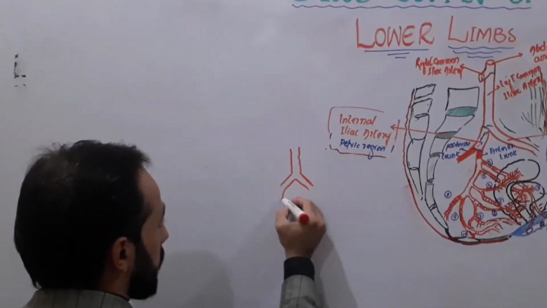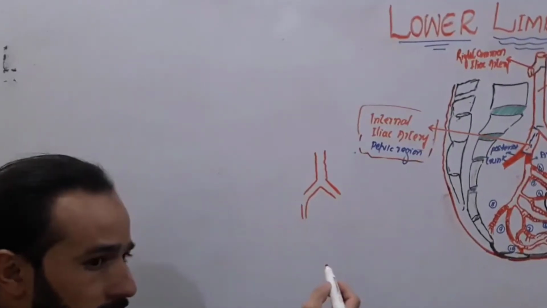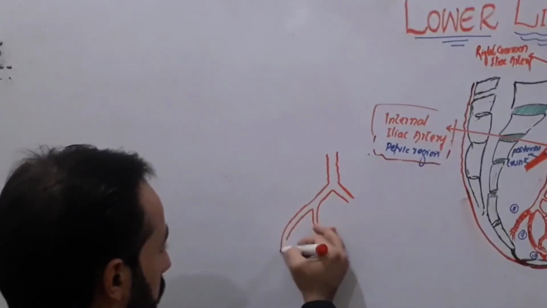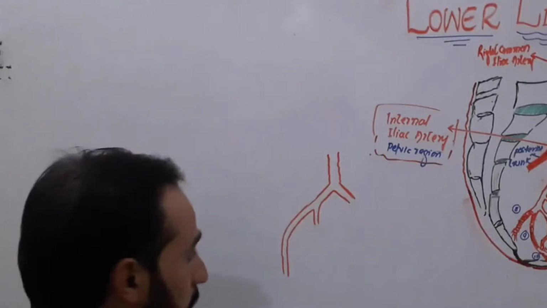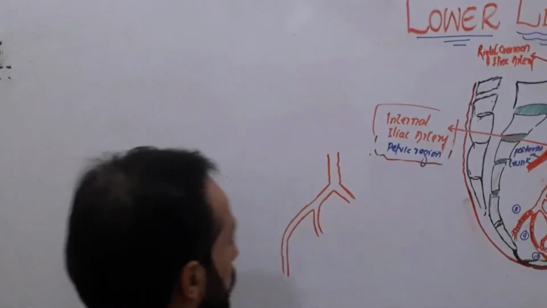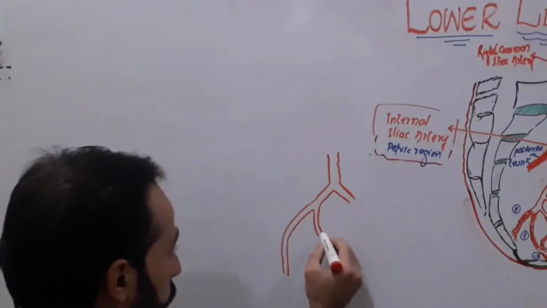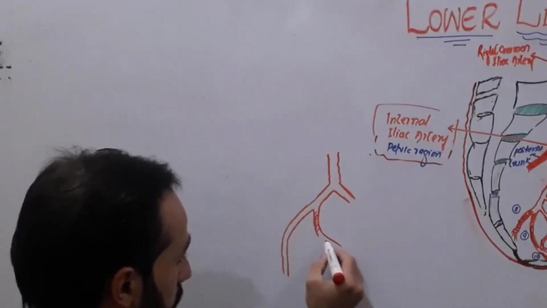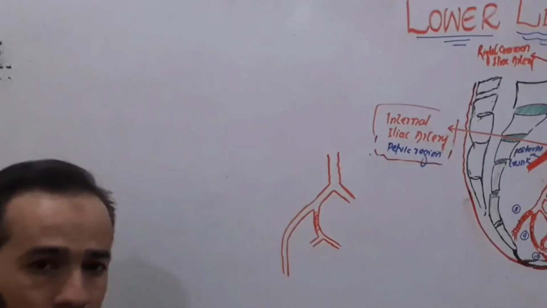And this common iliac artery will give off the internal iliac artery and the external iliac artery, and this external iliac artery will lead to the blood supply of the lower limb, and this internal iliac artery was responsible to supply blood to the pelvic region, right? So I had also told you that this internal iliac artery will give off two trunks, the anterior trunk and the posterior trunk, right?